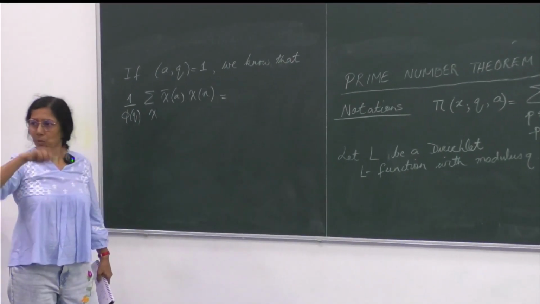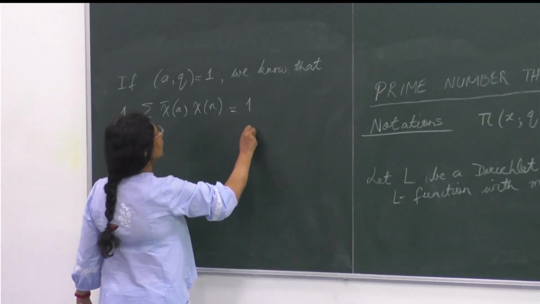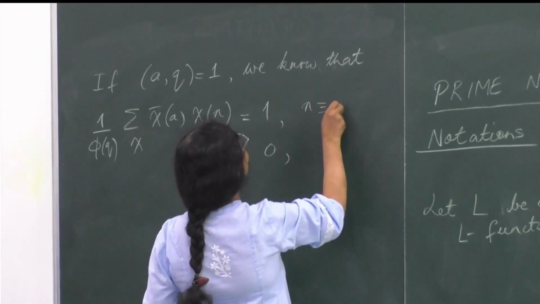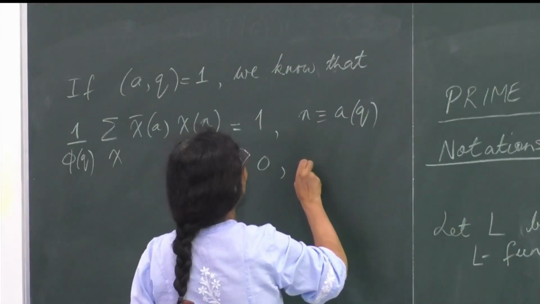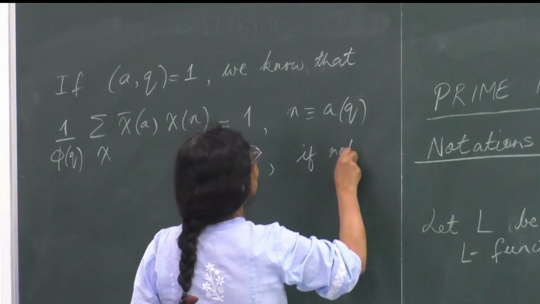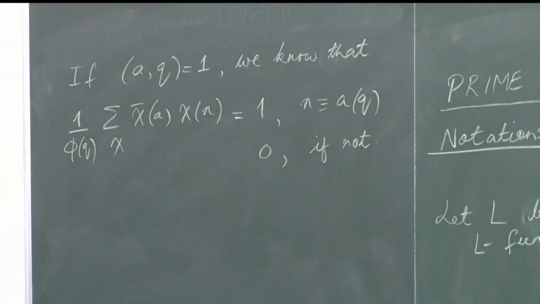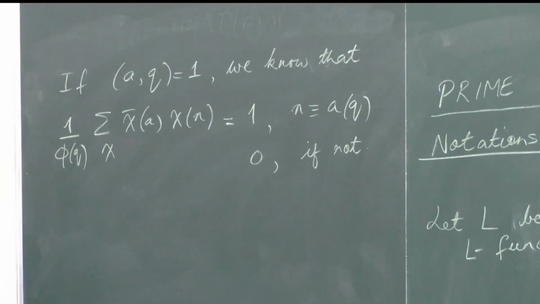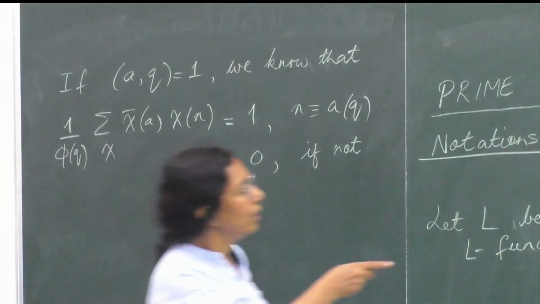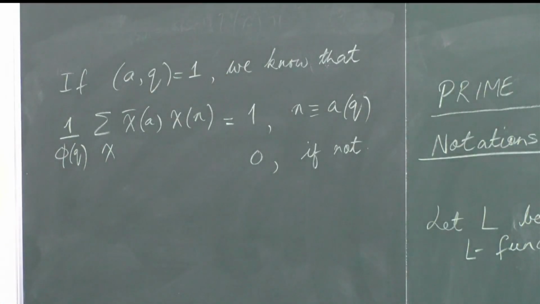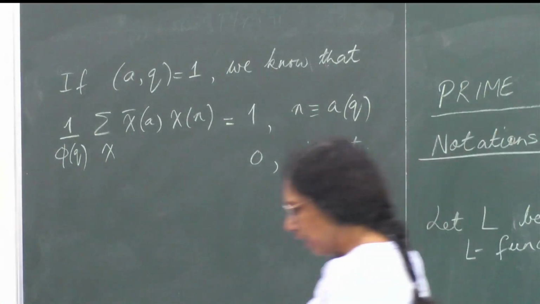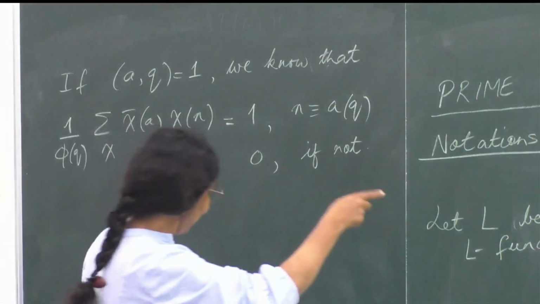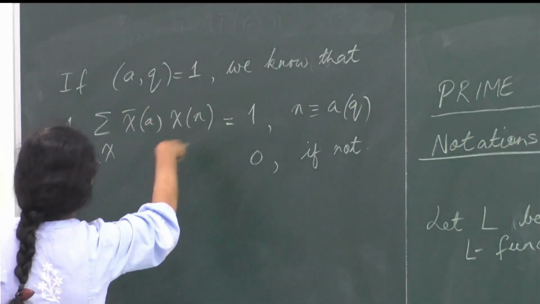It is either 1 or 0. It is 1 if n is congruent to a, and 0 otherwise. Now if you multiply this by lambda of n, the von Mangoldt function, and then take the sum, we get psi(x; q, a) in terms of this.